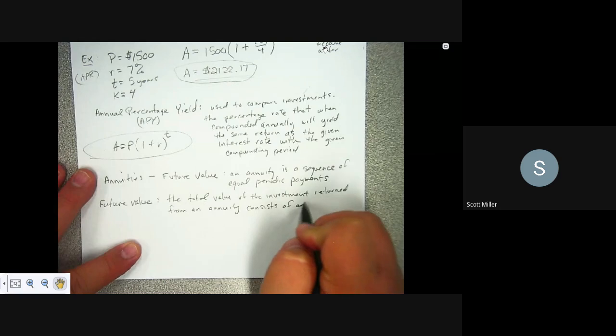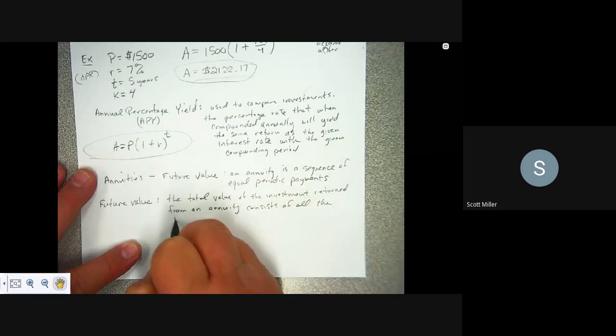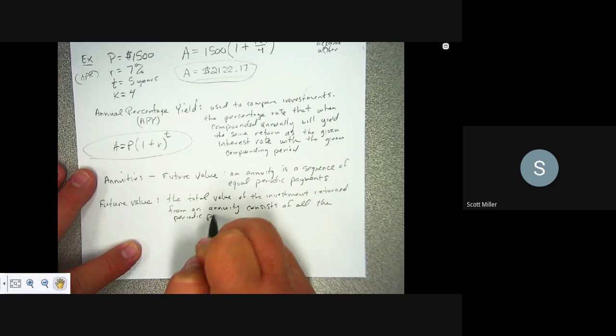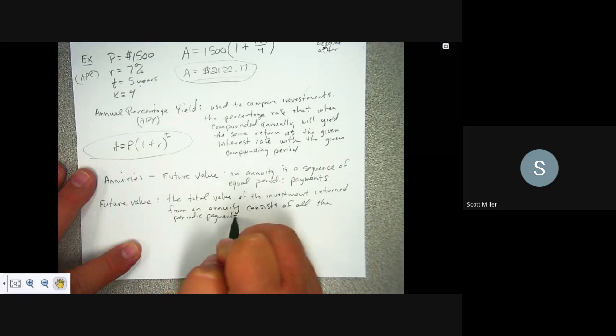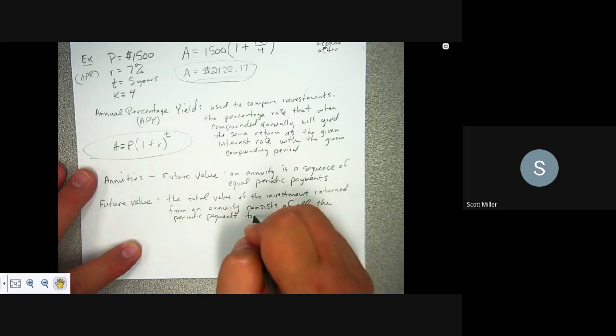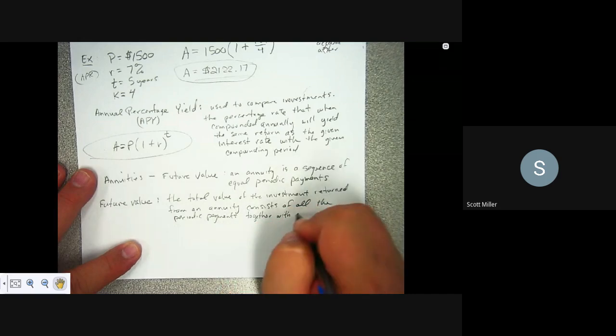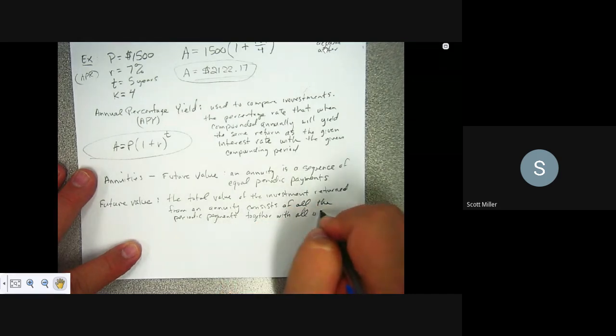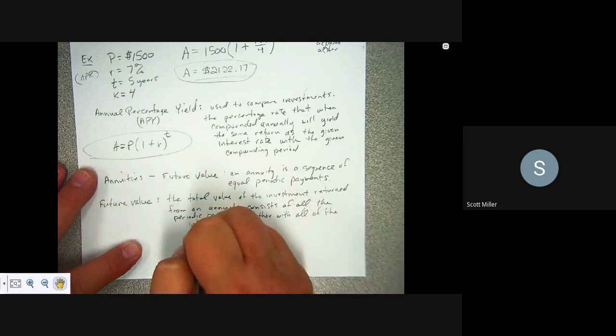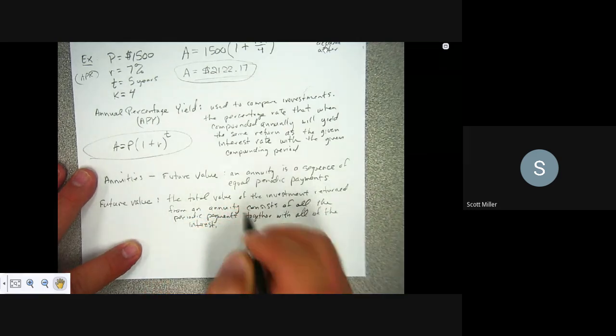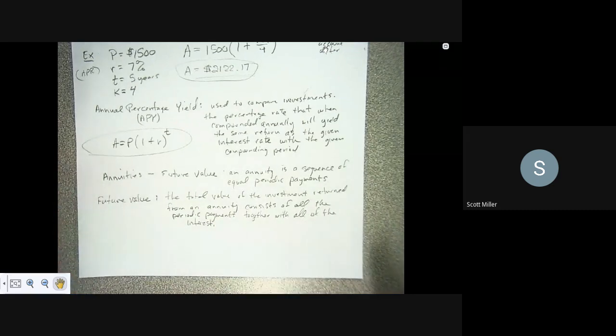It consists of all periodic payments together with all of the interest. So usually the amount that's remaining.